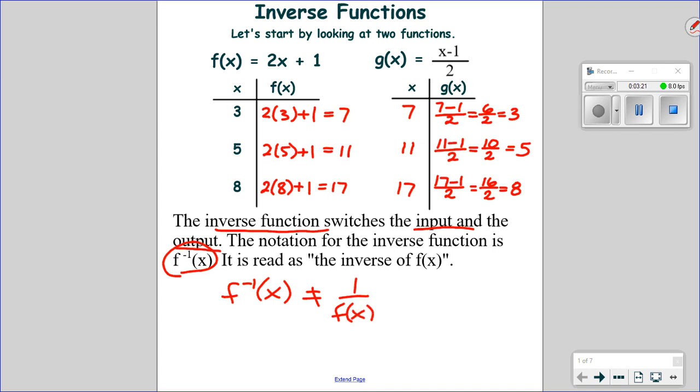And I just say that because it's easy to try to make that connection using properties of exponents. So don't look at that negative 1 as an exponent. Whenever you see that negative 1, think inverse function. So, knowing that f of x and g of x are inverse functions, we could say that g of x equals the inverse of f of x.